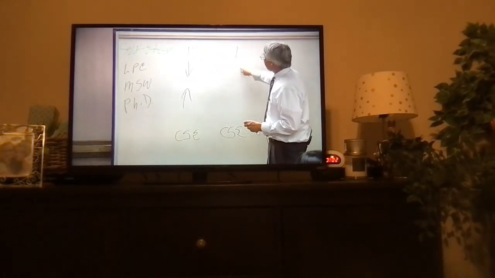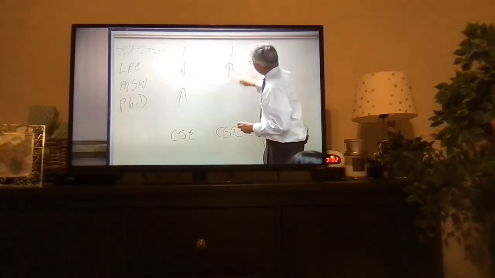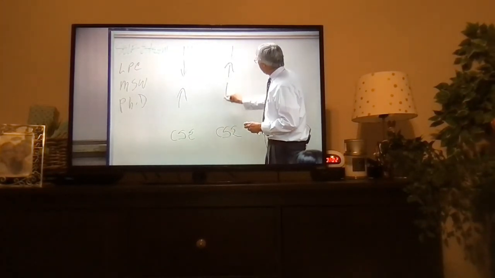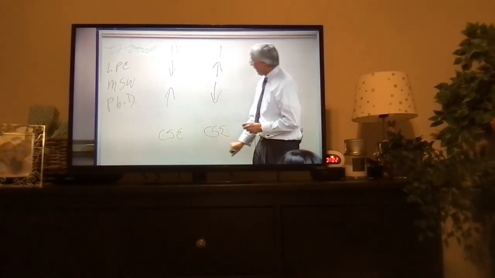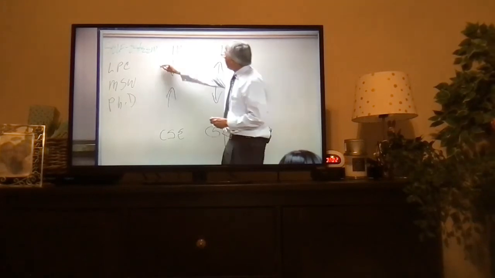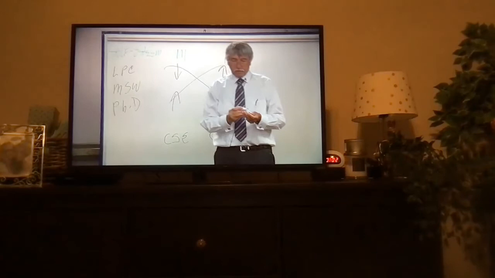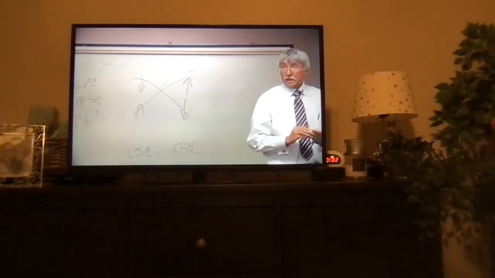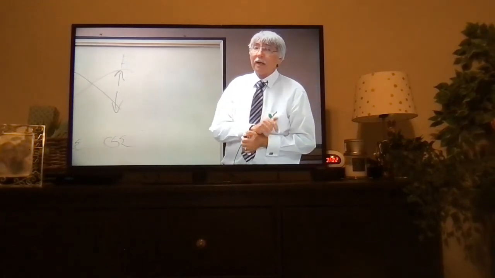Maybe it's the opposite for women therapists. Maybe the master's level women therapists end up with clients with higher self-esteem, but it's lower for PhD women therapists and their clients. You've got an interaction between both gender and training or degree. It's an incredible piece of information to find out.